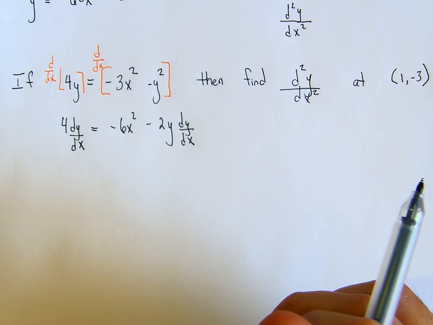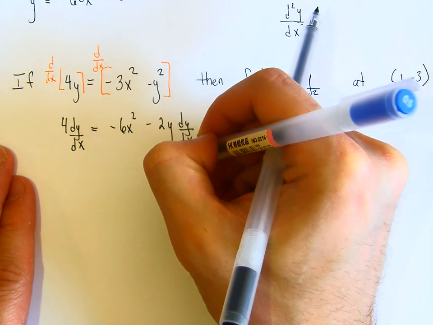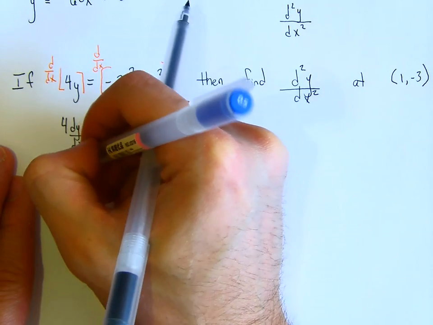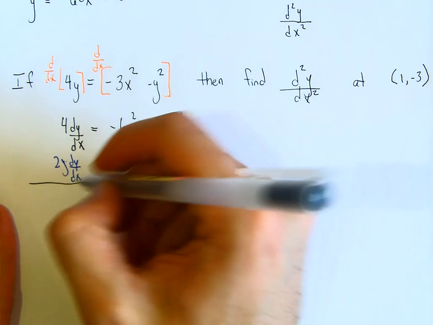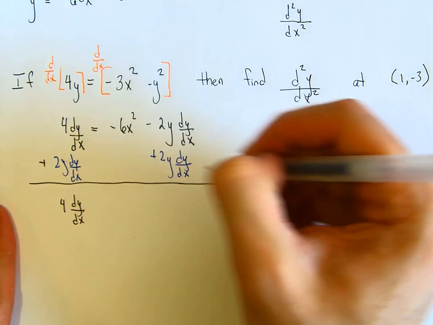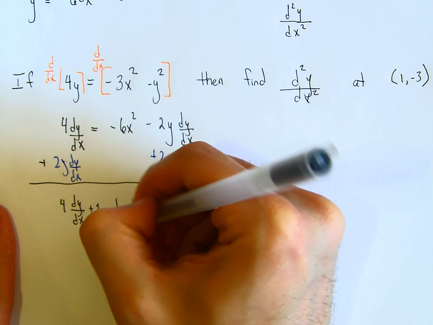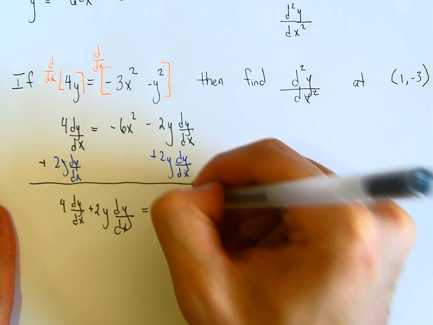So what are we going to do? Let us add 2y dy dx to the left side. So notice now we have 4 dy dx, and this should be a plus, 2y dy dx equals negative 6x squared.